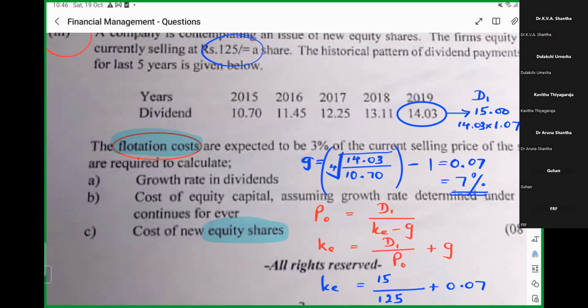The company has to prepare a prospectus, invite applications, then shares are allotted. There are legal requirements the company has to fulfill. So there's a cost when a company issues shares. We call that cost flotation cost.